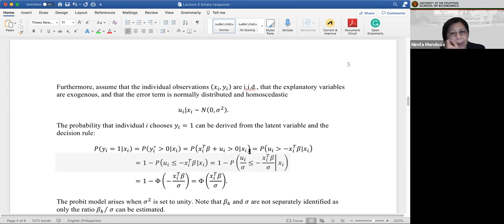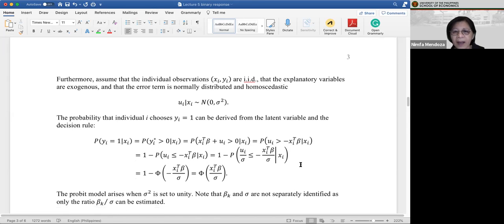Then we can just manipulate this event. You would have u sub i greater than minus x sub i transpose beta. We want to isolate u sub i because we have information on the distribution of the u sub i's.